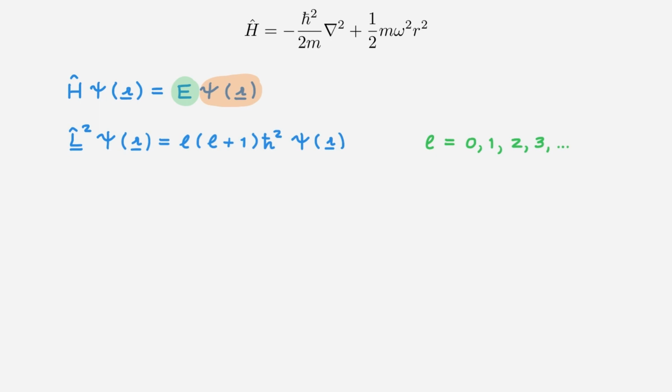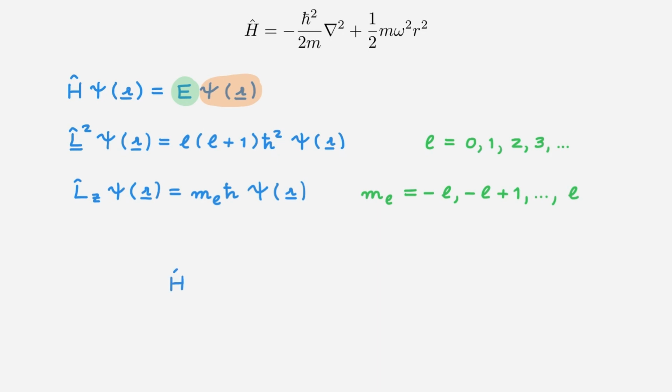And the eigenfunctions can be chosen to also be eigenfunctions of the Lz orbital angular momentum operator like this, where for a given L, the quantum number m_l can only take one of the values between -L and L in steps of 1. With this knowledge, we can rewrite the eigenvalue equation for the Hamiltonian, where we label the eigenfunctions and eigenvalues with the appropriate quantum numbers like this.